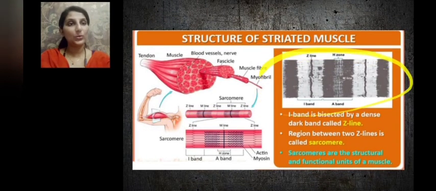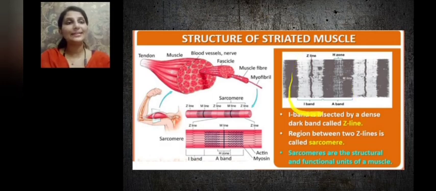In this picture, we can see the alternate light and dark striations. The light striated region is called the I band and the dark striated region is called the A band. The I band is made up of only the thin filaments called actin, and the A band is made up of both actin and myosin. We can see the H zone at the center of the A band, which has only myosin, and it is bisected by an M line.